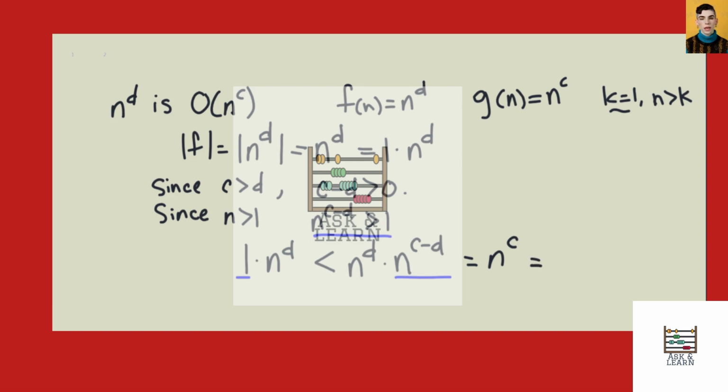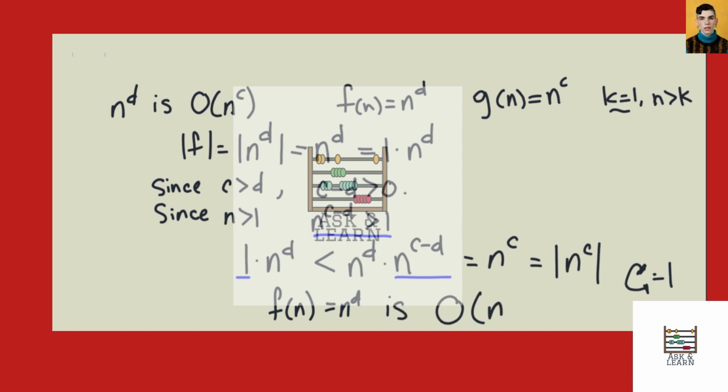And since n is positive, this is equal to the absolute value of n to the C. Right, so if we take our big C, which is a little confusing since we have another C, but this will be a capital C for that constant that's in our big O notation, and capital C equal to 1, then we get that f of n equals n to the D is big O of n to the C. Right, because we had the absolute value of n to the D here, which is less than n to the C. So that is our definition of big O.